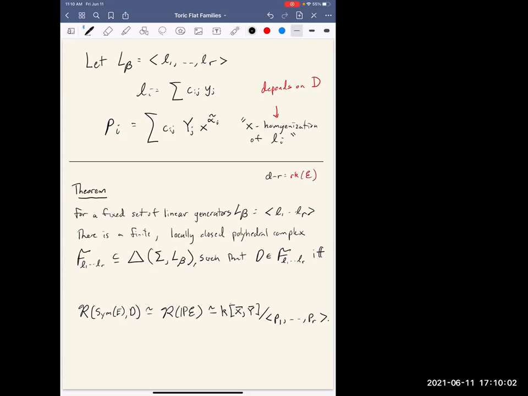So in other words, if you start with a linear ideal and a specific set of linear generators of that linear ideal, you can cook up a bunch of partially open or otherwise cones such that every diagram on those cones defines a Mori dream space bundle. And not only that, it defines a Mori dream space bundle with a very specific presentation of the Cox ring. So these are always complete intersections, and so these are particularly nice Mori dream spaces.